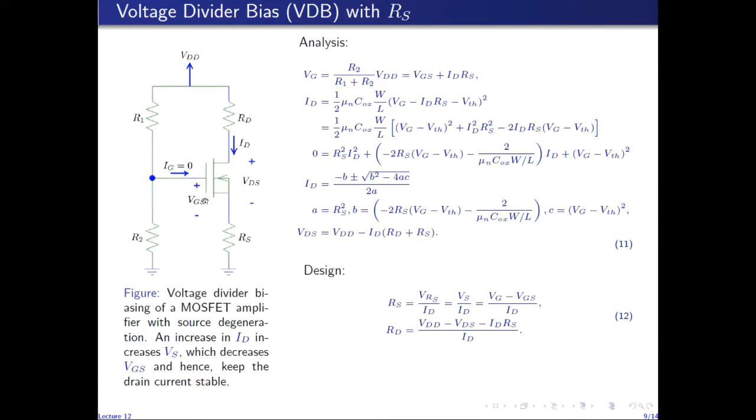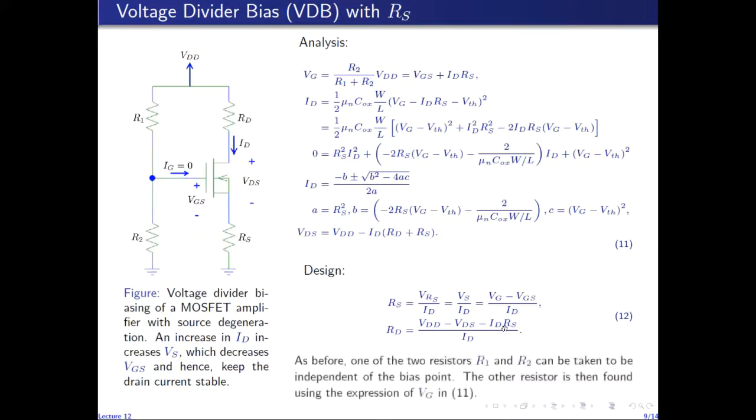So gate voltage is VGS plus VS. So VS is then VG minus VGS. So given ID, VDS, and VGS, we can find RS and RD using this set of equations. And as was the case before, we can take one of these two resistors, R1 and R2, to be independent of the bias point, and then the other is found using this expression.